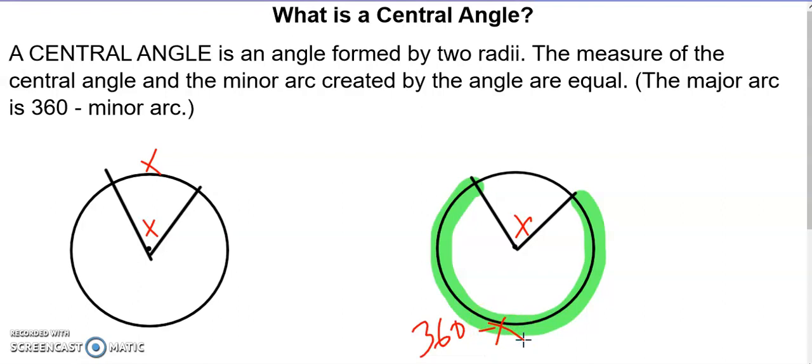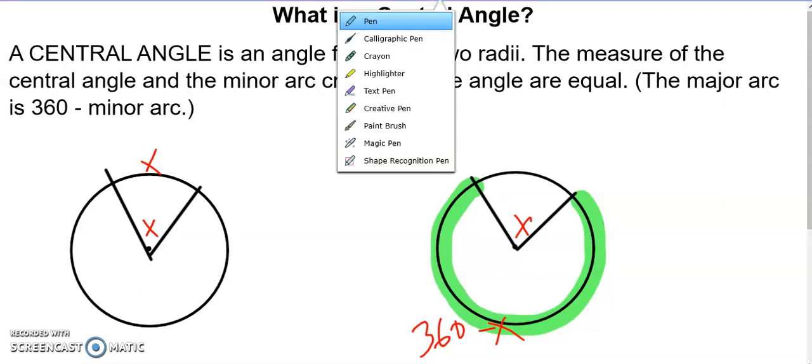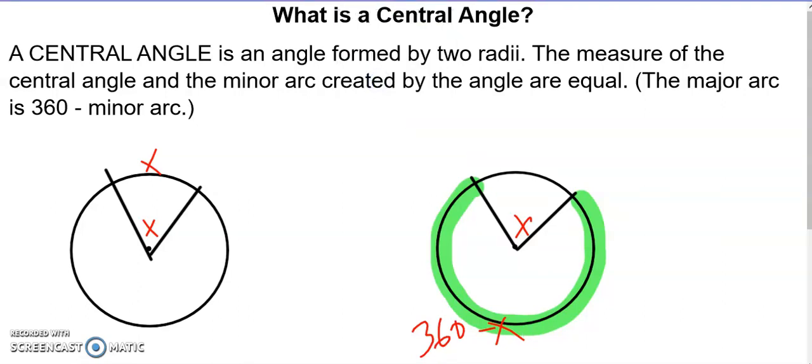Remember, all arcs in a circle must add up to 360. So the minor arc and the central angle are always the same, but the major arc is 360 minus the angle. Major arcs being more than 180.